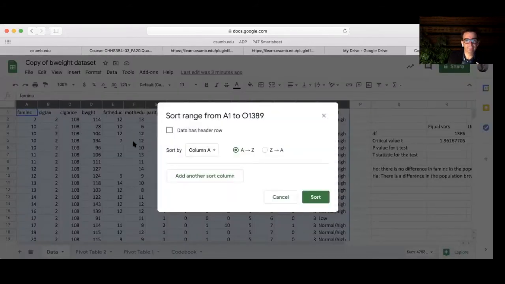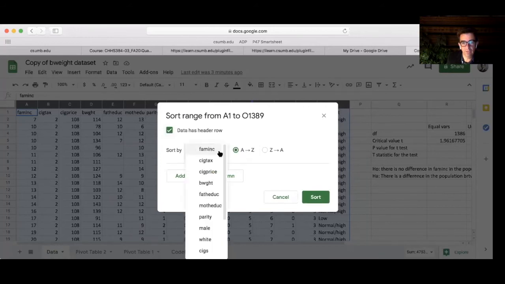We click on that, and this is very important. Your data has the variable names on top, on the first row, so you have to click that. And now it's going to know that the first row is the variable names. See, that immediately changed.